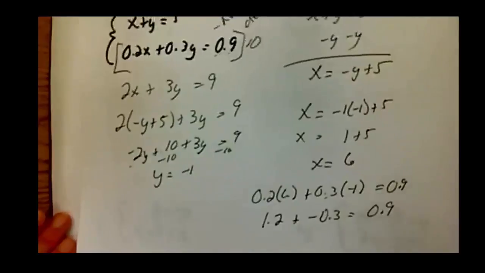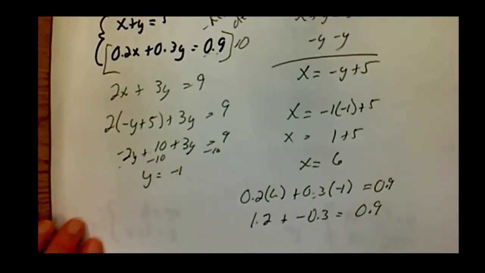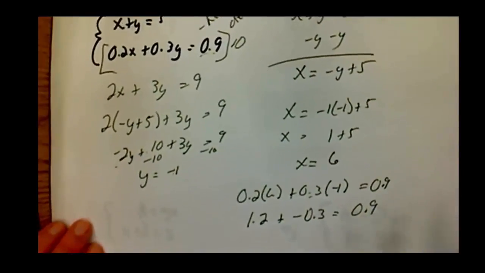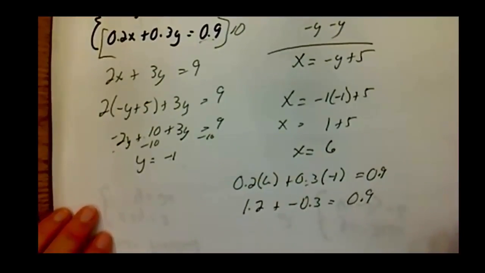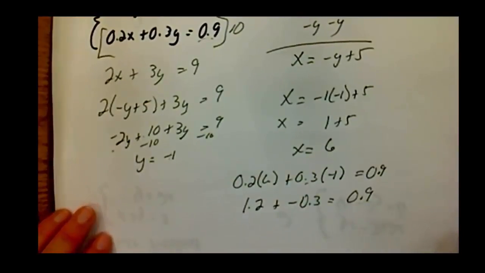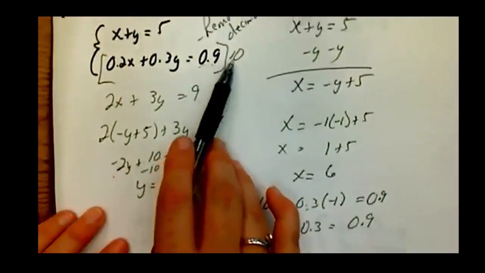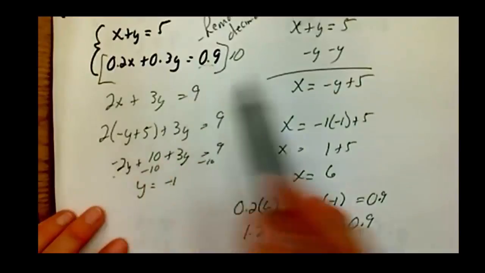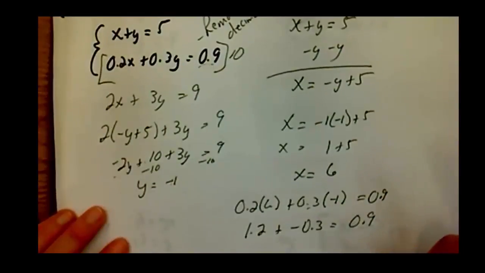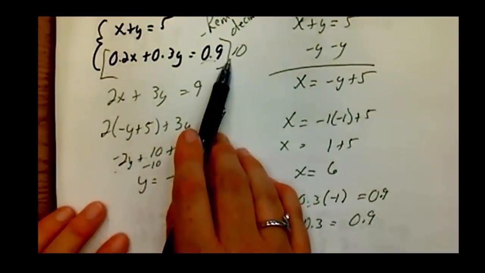Hopefully. There are some other ones that we have in here that are practice ones. The question was, if you don't multiply this by 10 to get rid of your decimals, will it still work the same? Yes, it will work the same. It's just that you've got a lot more to keep track of.